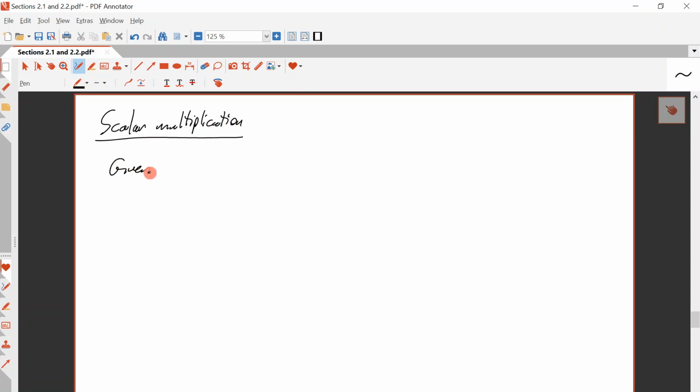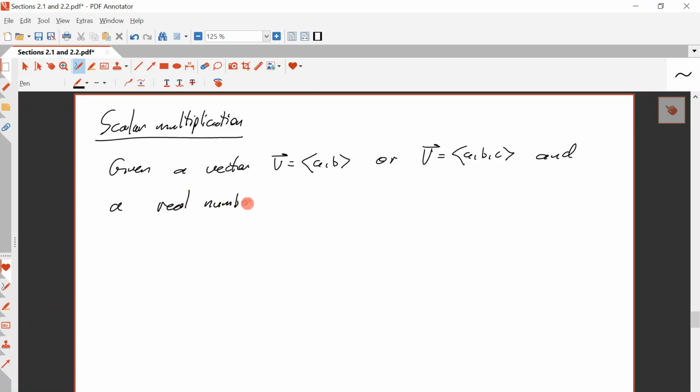Given a vector v equal to A comma B, or v equal to A comma B comma C, and a real number K, define K times V as follows. So we're not multiplying two vectors together yet. We'll do that later. We're taking a vector and a real number.